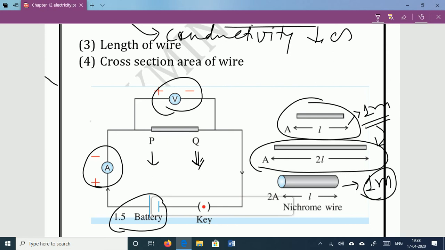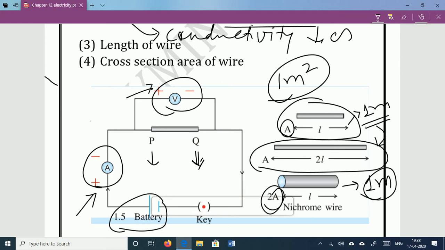Initially the cross-section area is A, say 1 meter square. Now the cross-section area is going to double. Then we will measure the current with the help of the ammeter and the voltage with the help of the voltmeter.